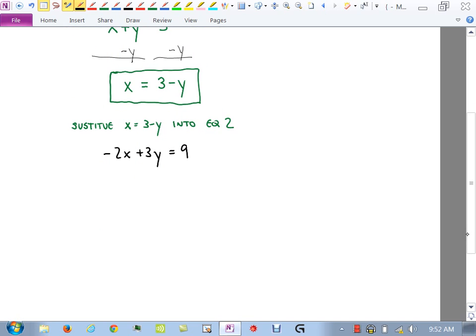And now I'm going to replace my x in the problem right here with 3 minus y. Right? That's what's going to get substituted. So rewrite the problem. I have negative 2 and then parentheses, 3 minus y, then plus 3y equals 9.